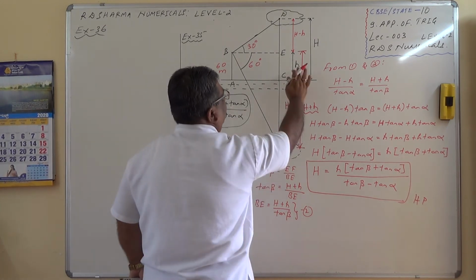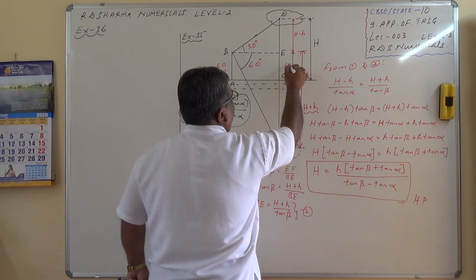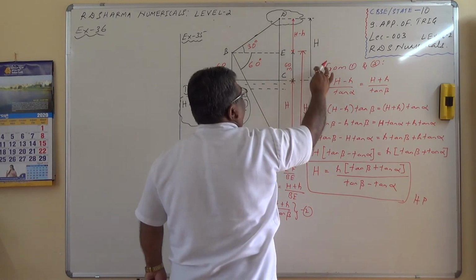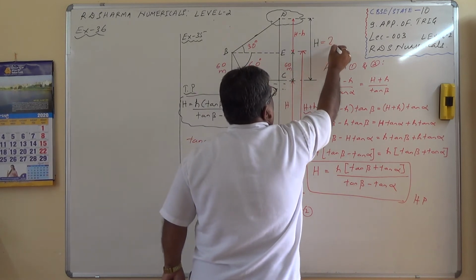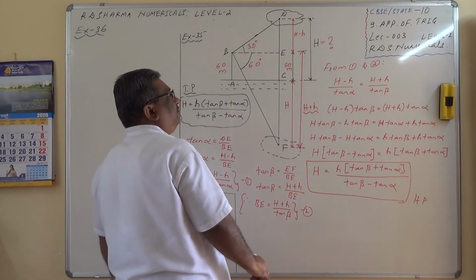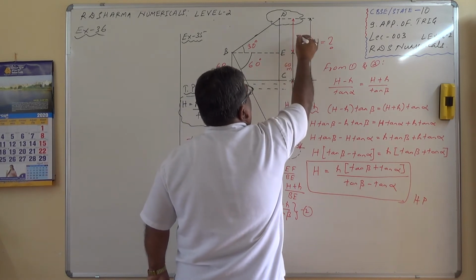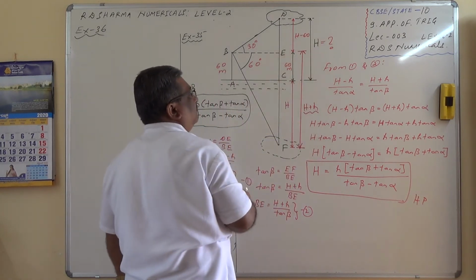Look here. This h is 60. Let H be the height of the cloud from the lake, which is the question mark. This is H minus 60.